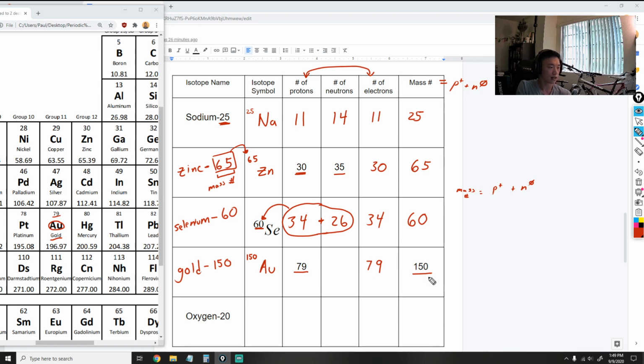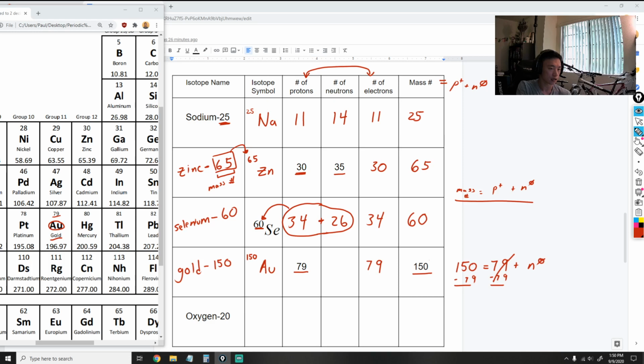And in order to find the number of neutrons, we need to use this formula right here. So we're going to do the mass number, which is 150, equals the number of protons, which is 79, plus neutrons. And if you want to solve for neutrons, we just need to subtract 79 on both sides.